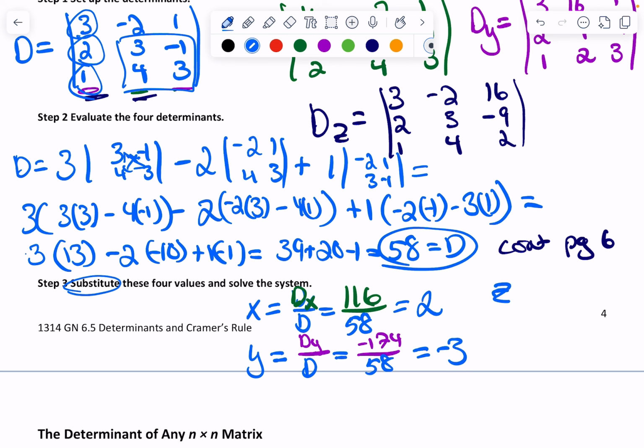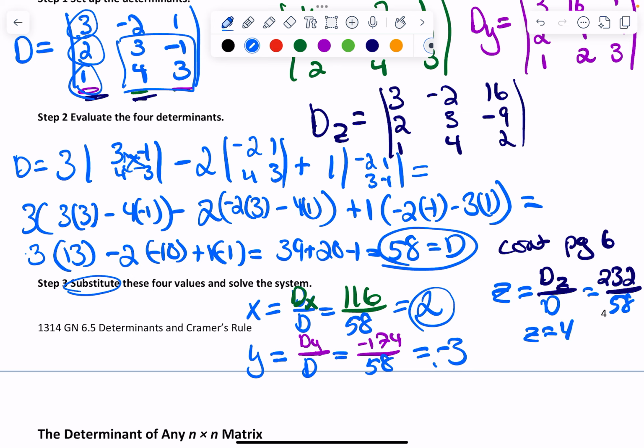And z is dz divided by d. dz is 232 divided by d is 58. So z is 4. So now we've got 2, negative 3, and 4. 2, negative 3, and 4 is our ordered triple.